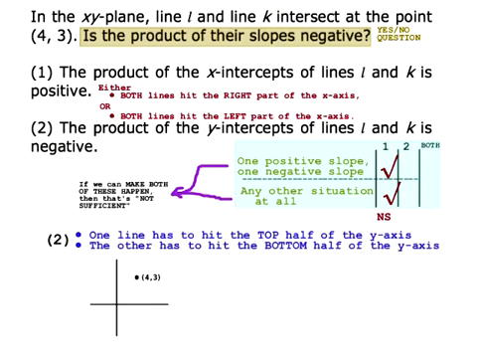So we can definitely get this to be one positive slope and one negative slope. There we go. And here is our line hitting the bottom of the y-axis, and here's our line hitting the top of the y-axis. So that checks off the top box.